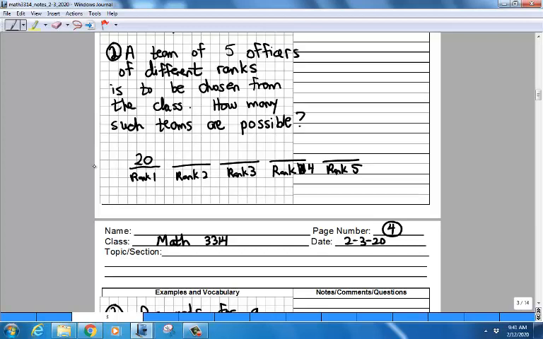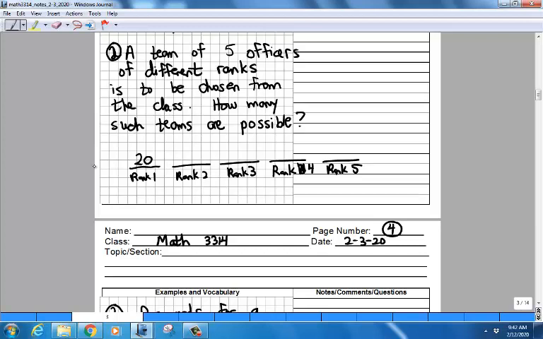So you see, you've got a sequence of choices that you have to make: first you picked rank 1, and then you picked rank 2. You're doing this in sequence.